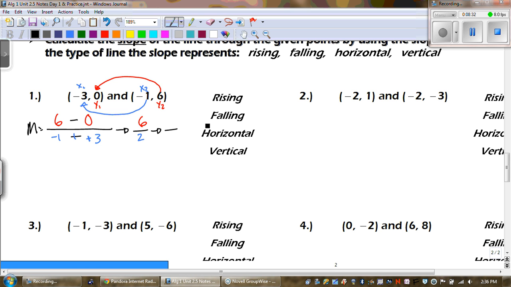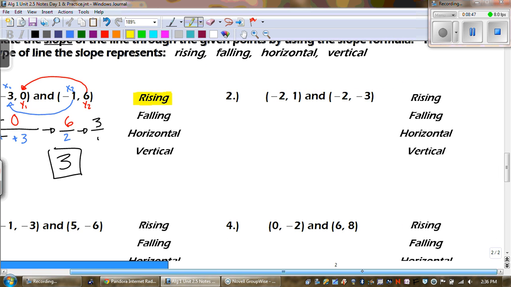So we get our final answer, 3/1, which is the same thing as 3. So is that rising, falling, horizontal, or vertical? It's rising. Okay? Because it's a positive number, we know that the slope is rising.